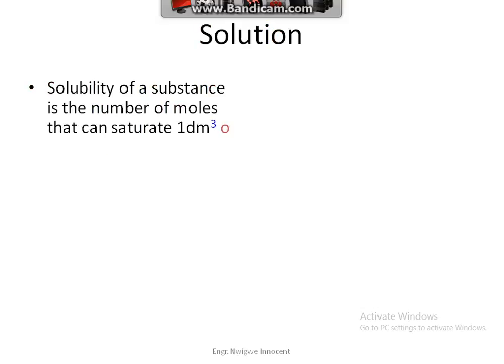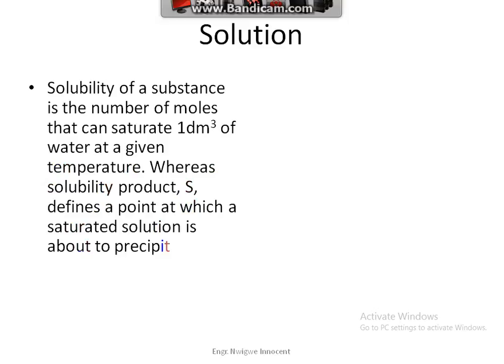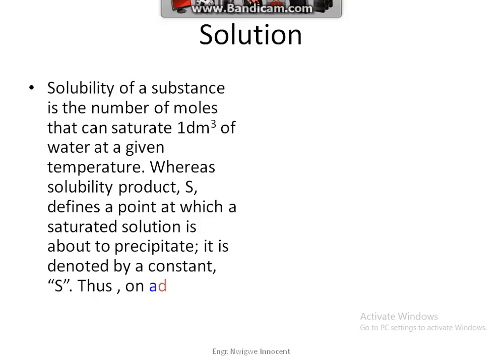Solution. Solubility of a substance is the number of moles that can saturate 1 dm cube of water at a given temperature, whereas solubility product defines a point at which saturated solution is about to precipitate. It is denoted by a constant Ksp.